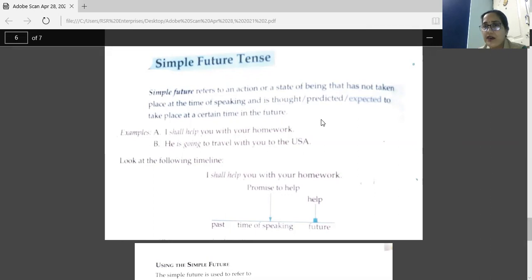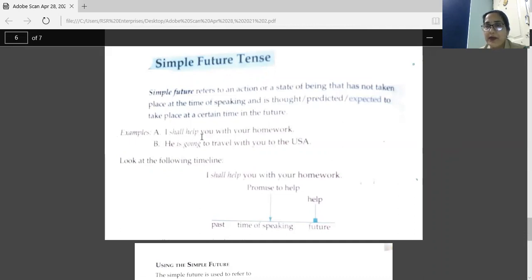Now, the structure of simple future tense is we have to use will or shall, with that the first form of verb. This is the structure of verb in simple future tense. Here we have examples. First one, I shall help you with your homework.